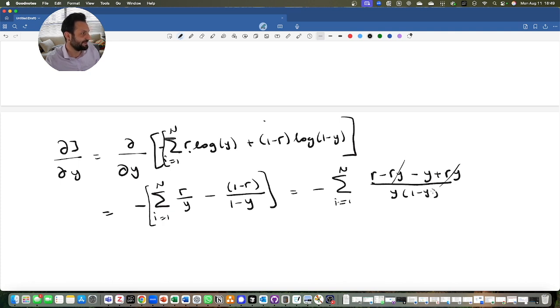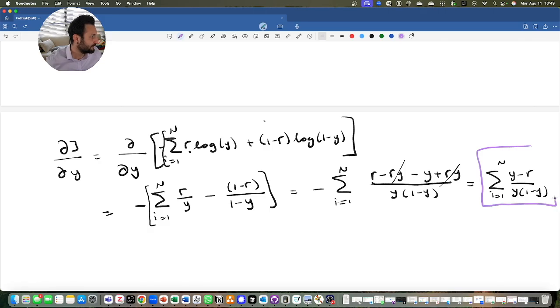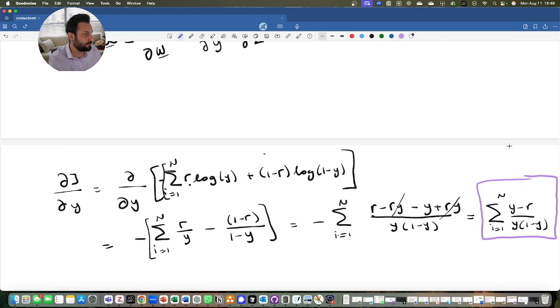So the thing that I like so much, and I can incorporate this two inside. So I have the sum from i equals 1 to n of y minus r, because I used this negative to go inside, divided by y minus y. Okay, so that was one. So that's my first part in my chain rule.